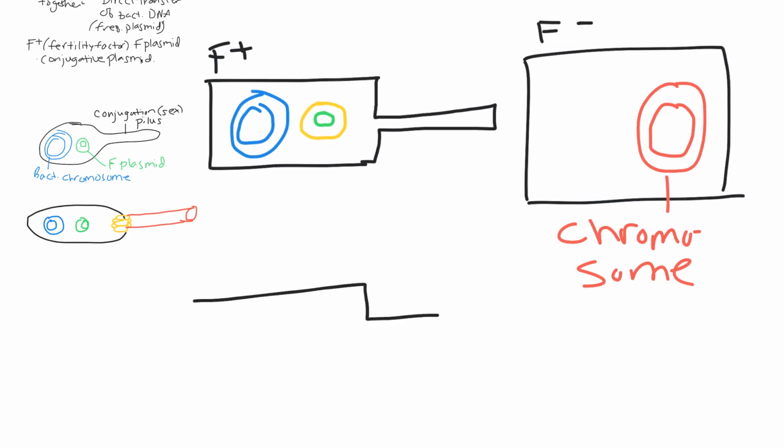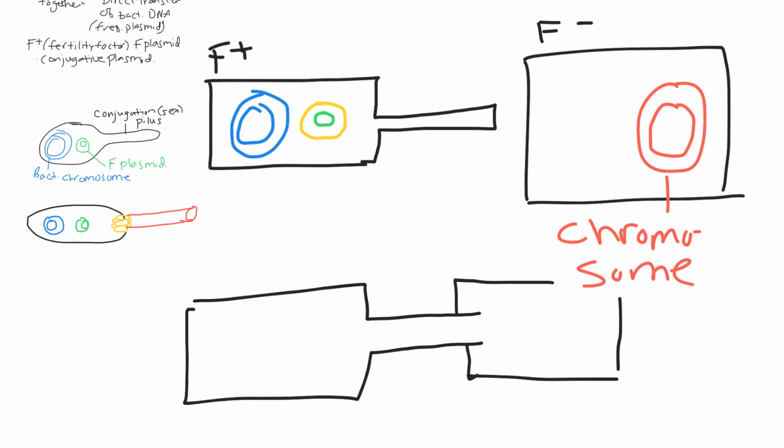And so this pilus contacts this other bacterium, basically punctures the cell wall and cell membrane, gets through there. I'm not going to draw the chromosomes at the moment. And just remember, this is the conjugation pilus or sex pilus.